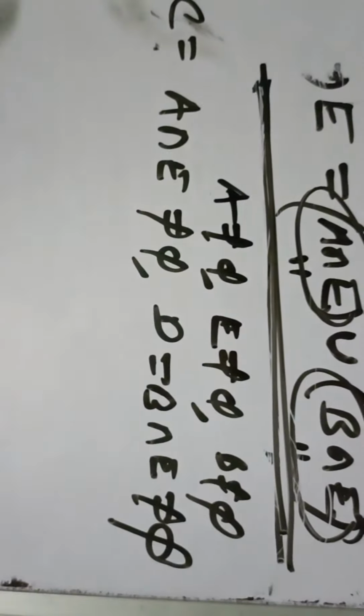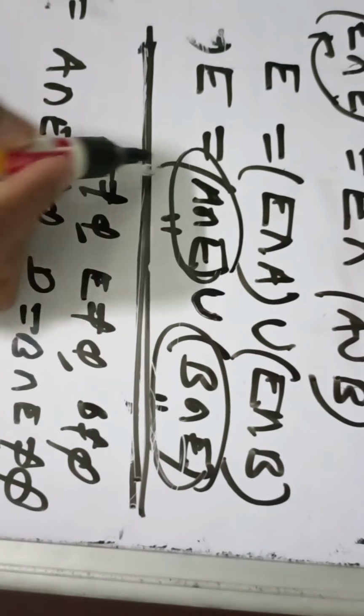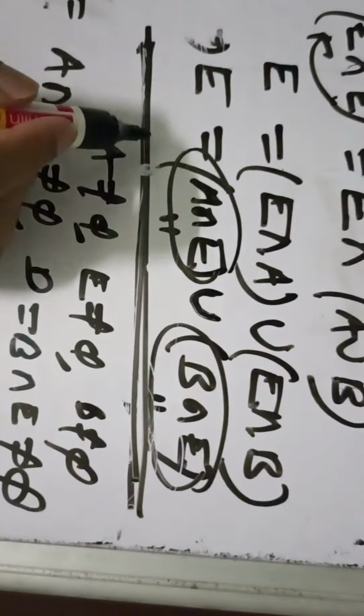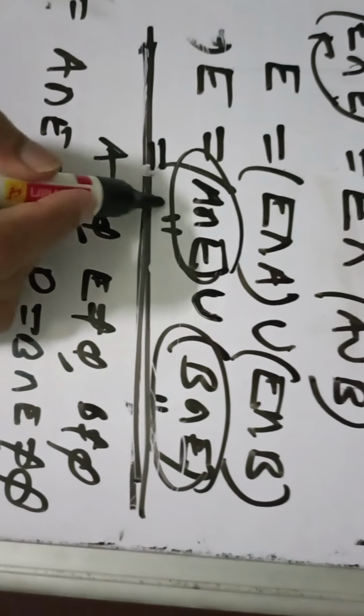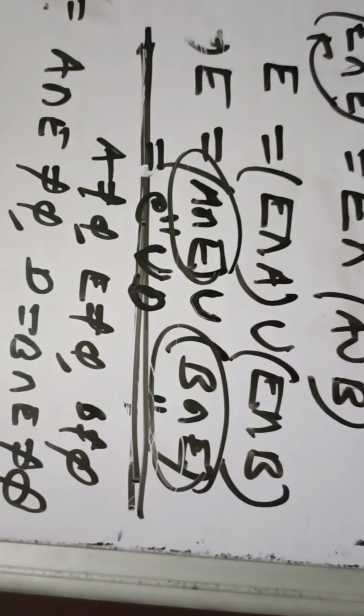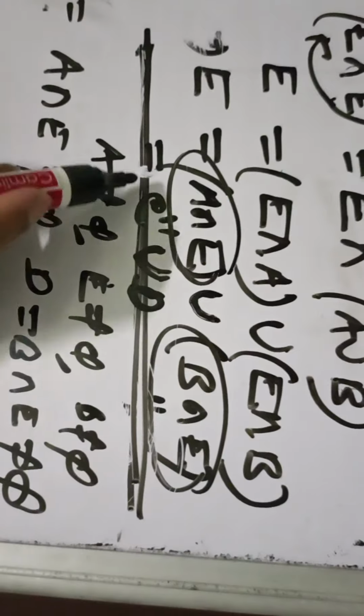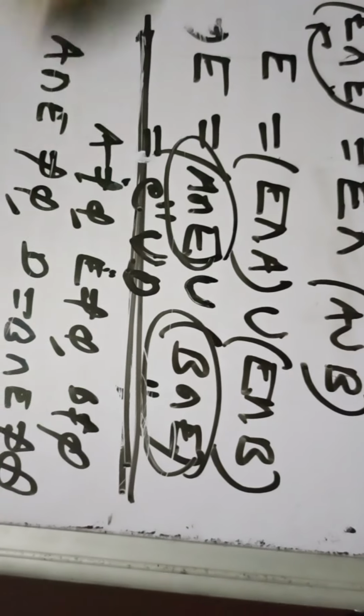So I have written E as a union of two sets, C and D, where C is an open set in E, D is also an open set in E. Also, these two are non-empty, and their intersection is phi, the empty set. So what conclusion can we get about E? Then we can say from this that E is disconnected.